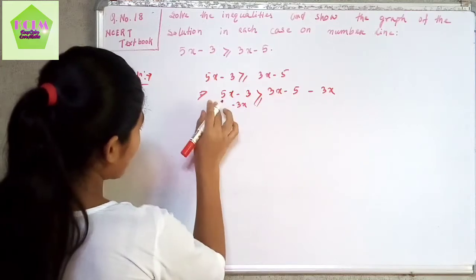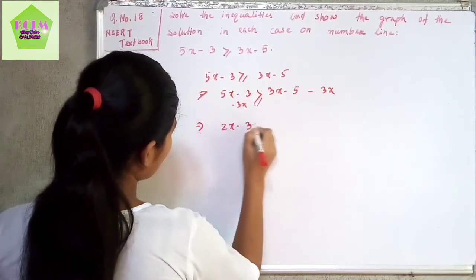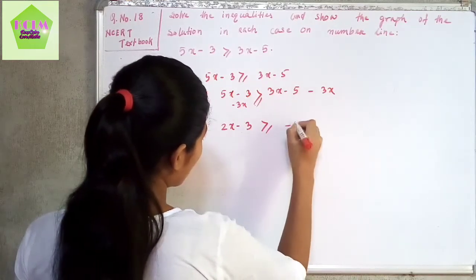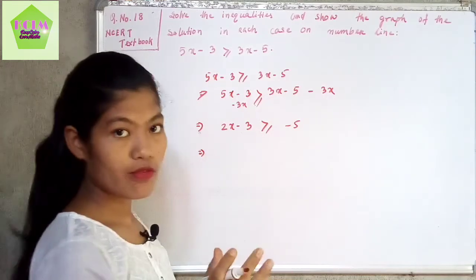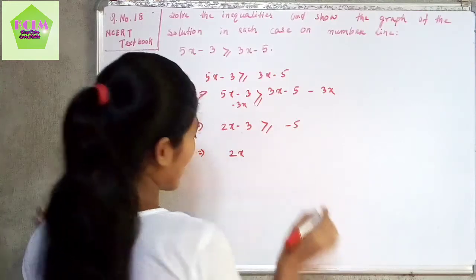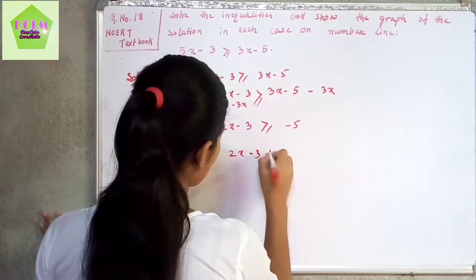this. Now 5x minus 3x will be 2x minus 3 greater than or equal to 3x minus 3x cancels out and the remaining is minus 5. Since we need the value of x, therefore again we add 3 on both sides of this inequality.